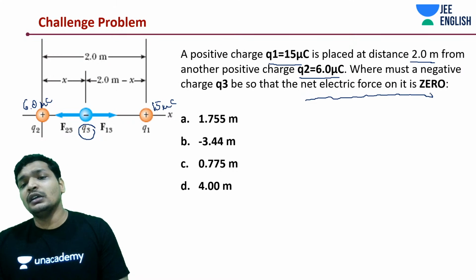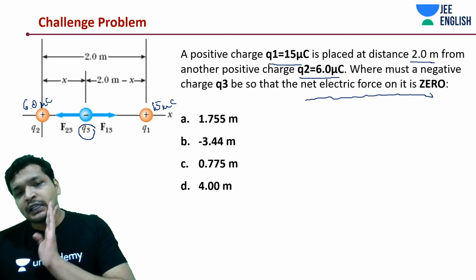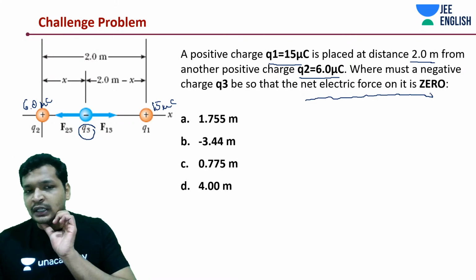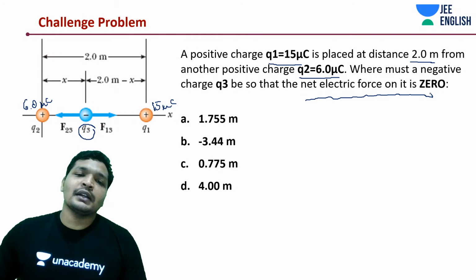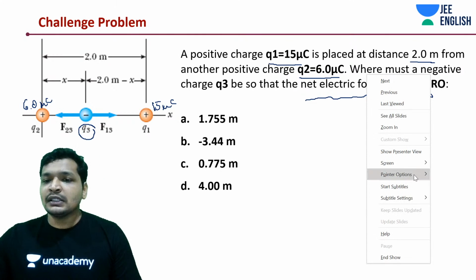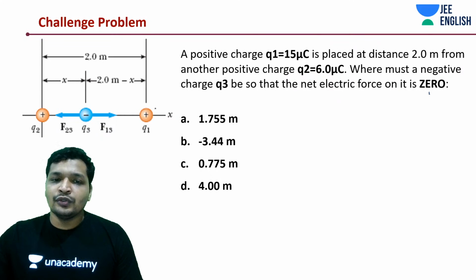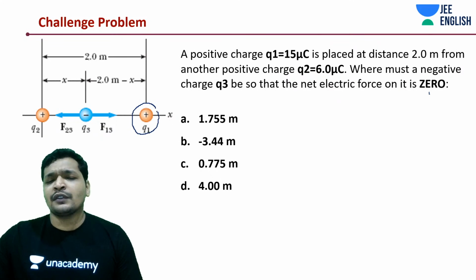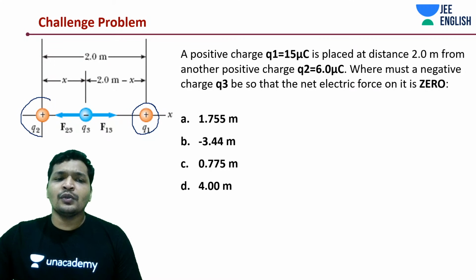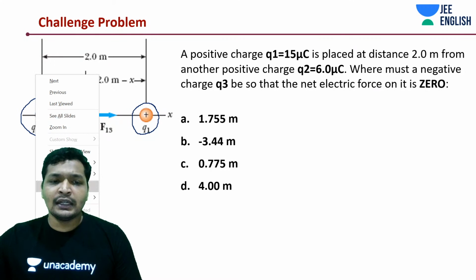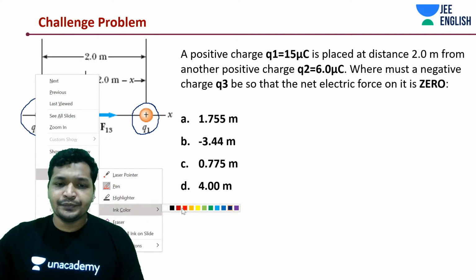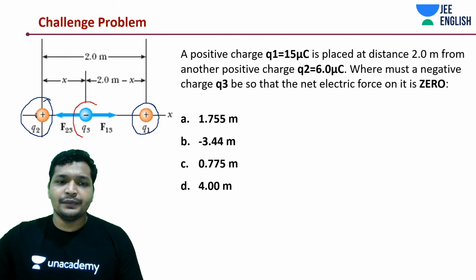This is a simple question. I think this was a JEE Mains question, but a little older, I guess. But anyway, this is going to give us a very important insight. So try to guess the answer from the options. There's Q1 and Q2, which are going to attract the charge Q3.